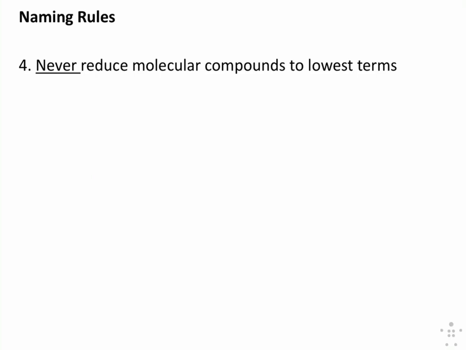Our fourth and final rule is that we never reduce molecular compounds to lowest terms. So for example, if you have N2O2, you never turn it into NO. This is because an ionic compound formula is showing the ratio of atoms that are bonded together, whereas in a molecular compound formula, it's showing you how many are actually bonded together in a compound.